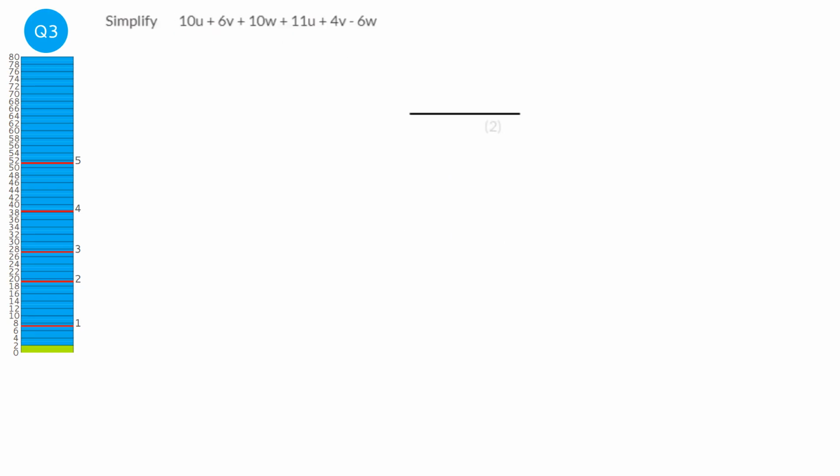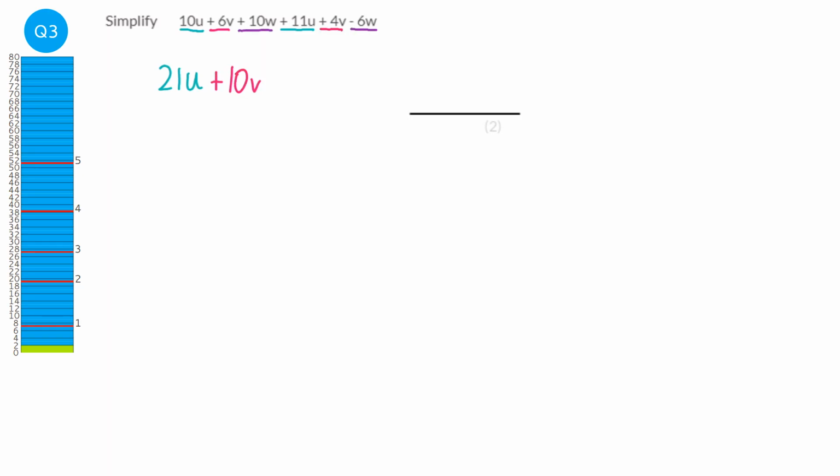This question's all about like terms, so what we can do is we can add this 10u with this 11u to make 21u. We can also add this 6v with this plus 4v to make 10v. We can also add this 10w to this minus 6w.